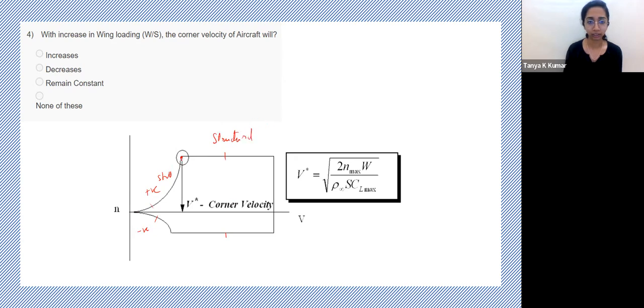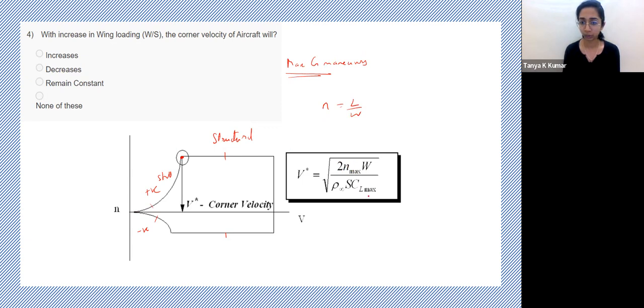So this corner velocity is the velocity required to pull out maximum G maneuvers. They're represented by this equation, where Nmax is basically L by W, which when maximum corresponds to the maximum G maneuvers.